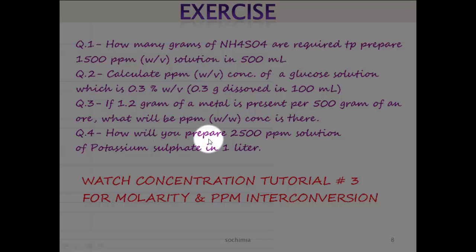You will take that quantity of salt in a 1 liter flask. You will add some water, dissolve that salt, and then you will add more water until the total volume of the solution becomes 1 liter. So this is how it will be made.